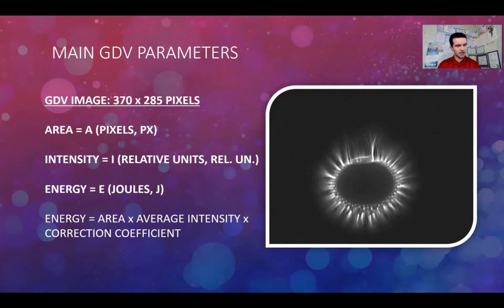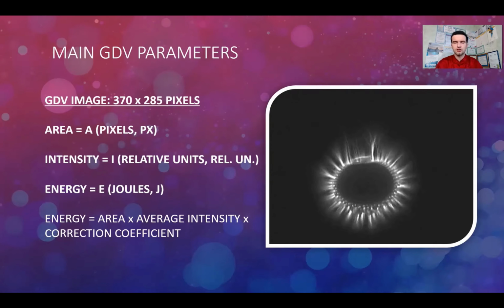So if you take the calculator and calculate 370 times 285, you will get 105,450 pixels. So this is the standard number of pixels in the software, in the images that you get.